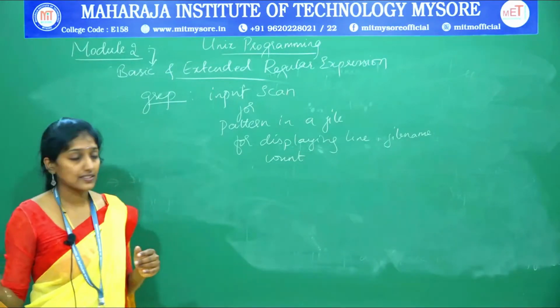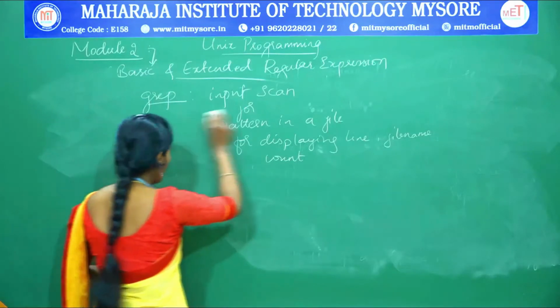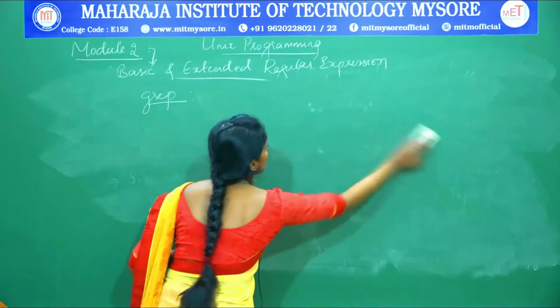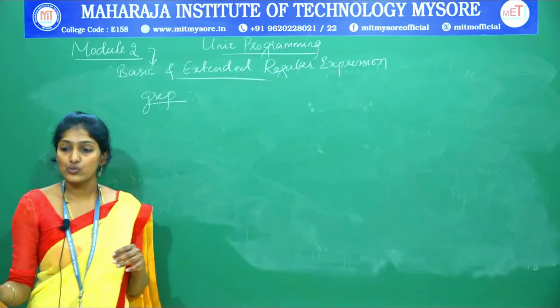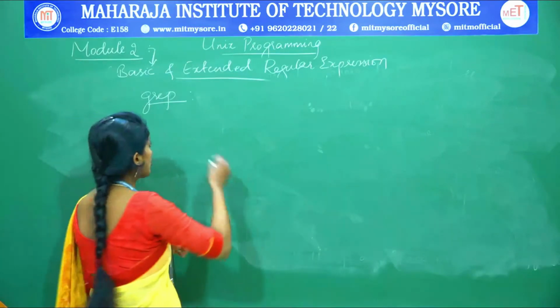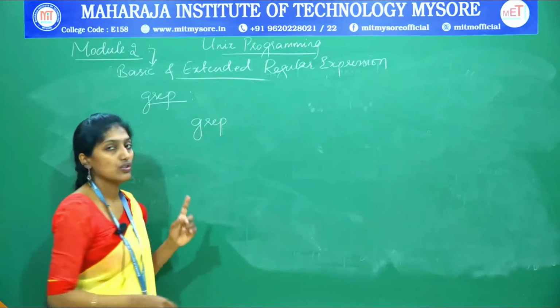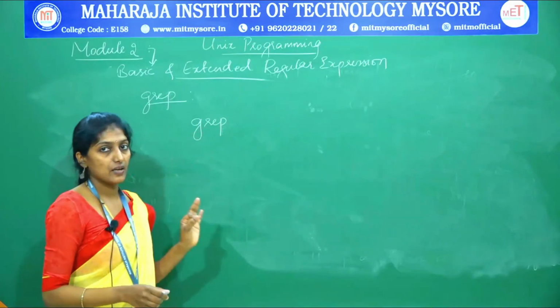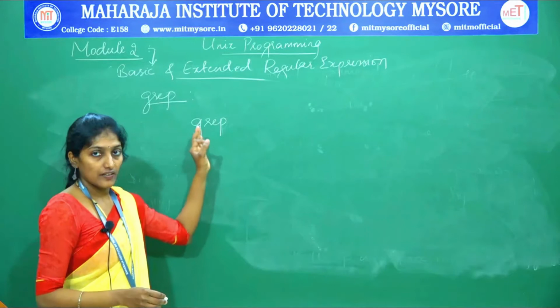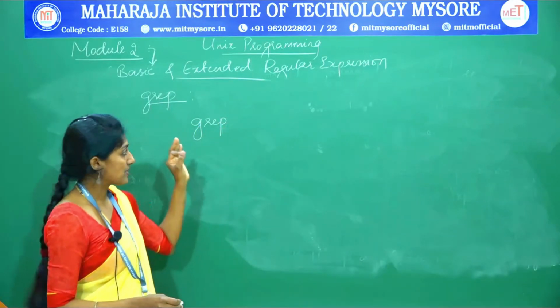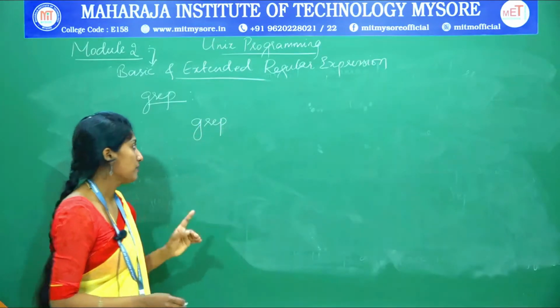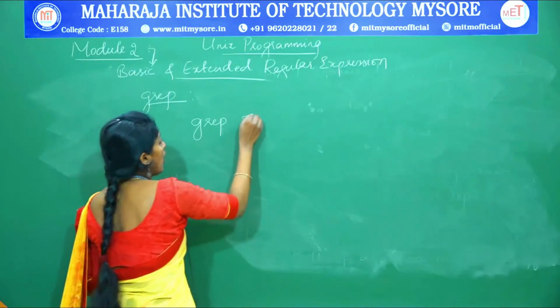Okay, now let us discuss the command syntax. What is the command used for searching for a pattern? Grep itself is the command used for searching for a pattern in the scanned input. Grep is followed by option.